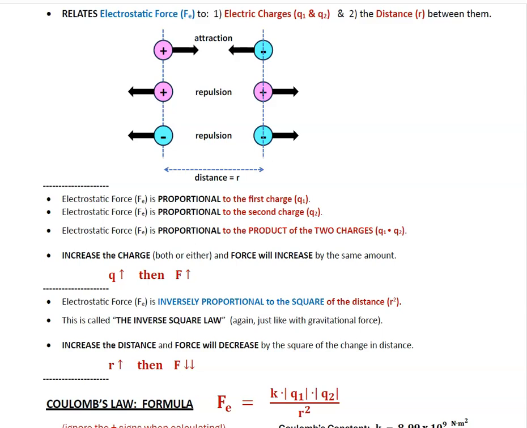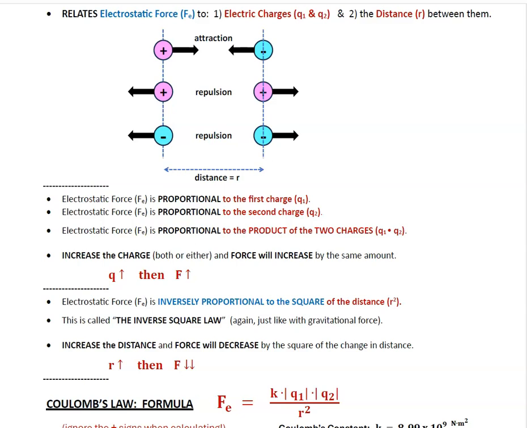So this is another example, like gravity, of the inverse square law, where the force is inversely proportional to the square of the distance. What that means is when you increase the distance even by a little, the force will decrease by a lot, because the force decreases with the square of the change in the distance.